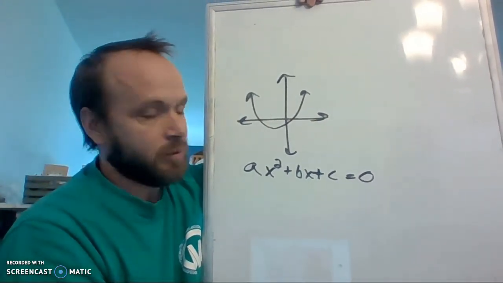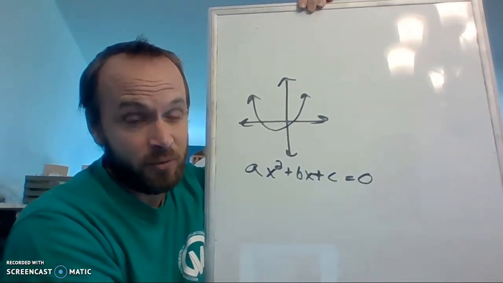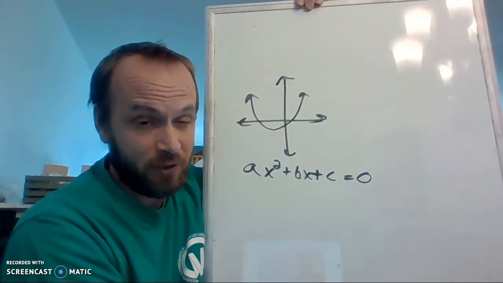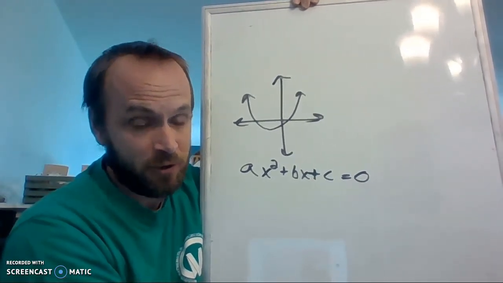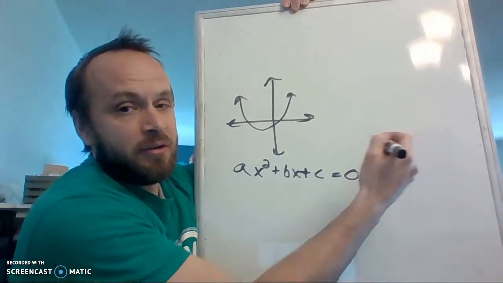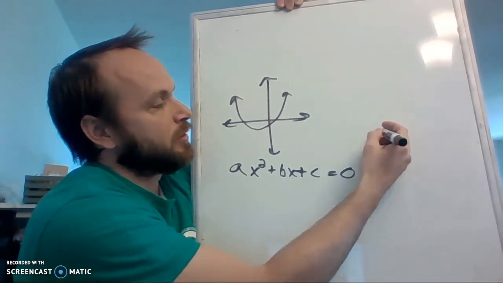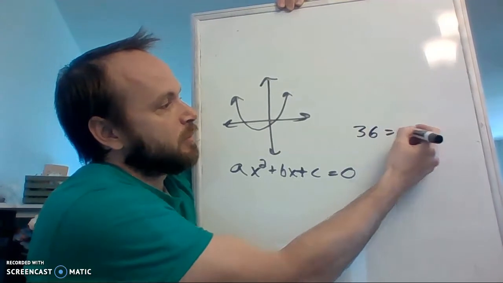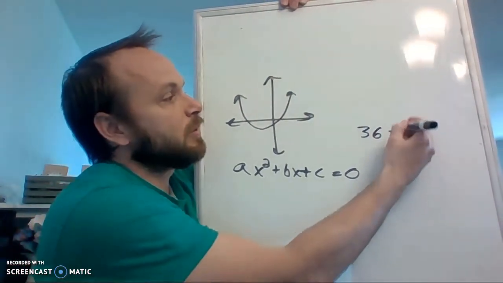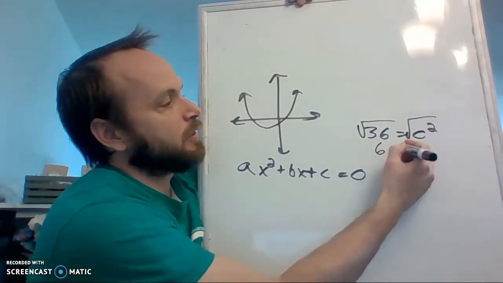Where that comes into play, we have been using triangles with the Pythagorean theorem, where you have seen squared terms. We have a squared plus b squared equals c squared. If we ended up at the end of a Pythagorean theorem problem with, let's say, 36 equals c squared, and we had to find out what c was, we took the square root of both sides, and then we ended up with 6 equals c.